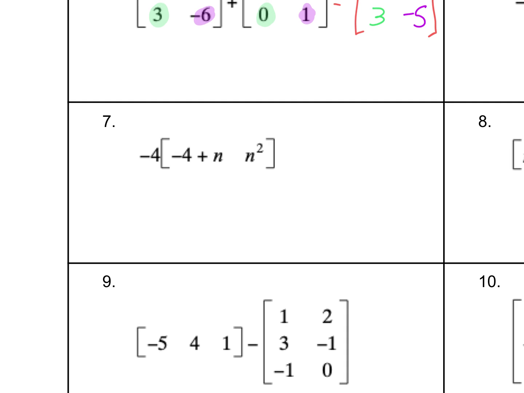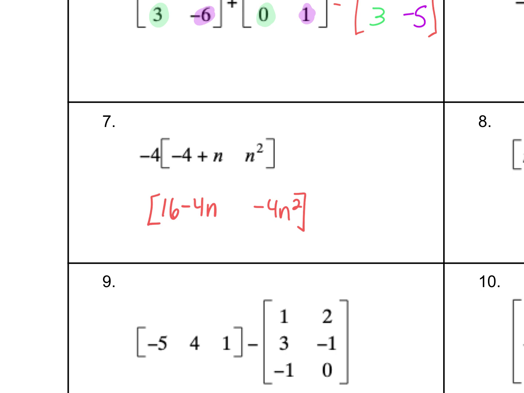Alrighty, let's turn our attention to number 7. What do we got? -16 minus 4n and -4n squared. Good deal.